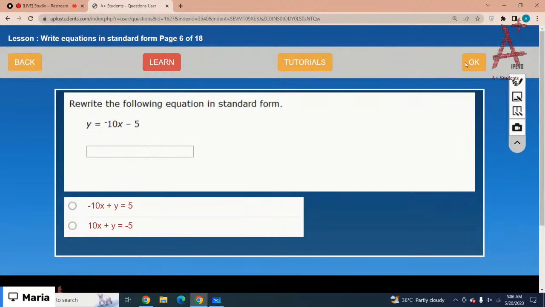Okay, y equals negative 10x minus 5. So which is the correct option? It would be 10x plus y equals negative 5. The second one is the correct option.